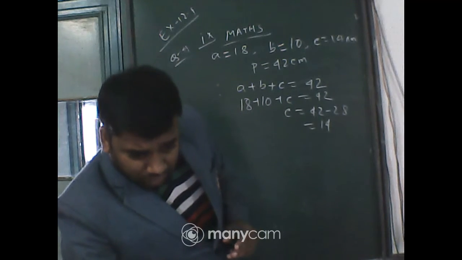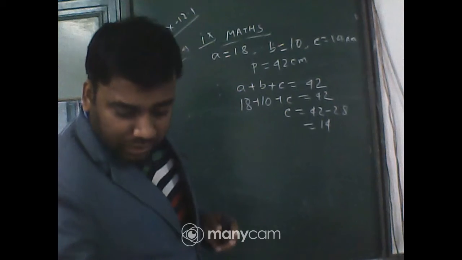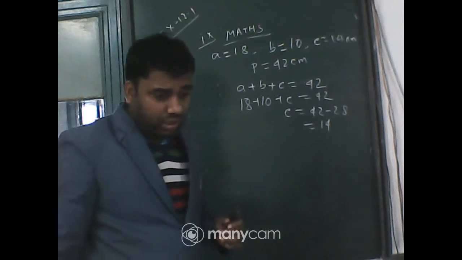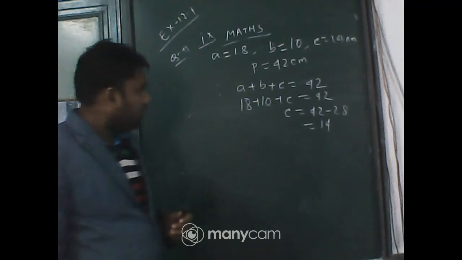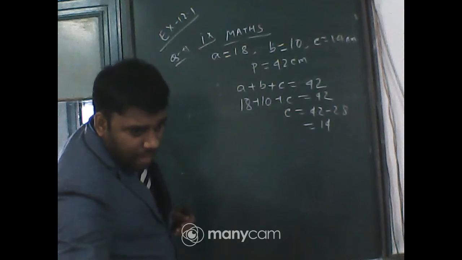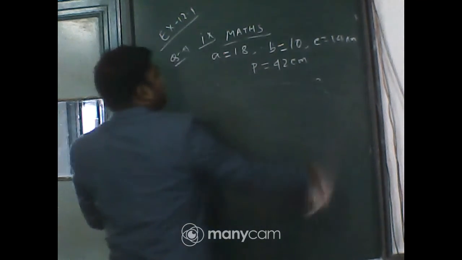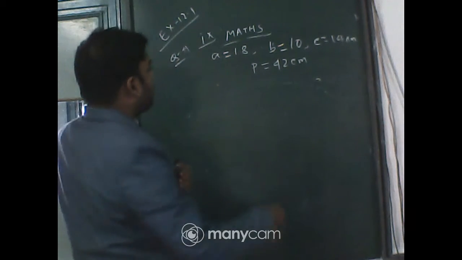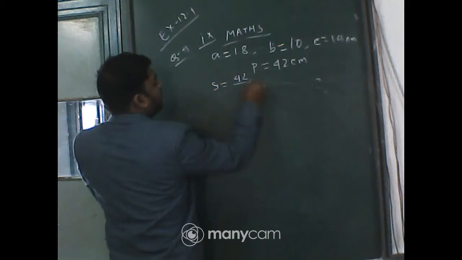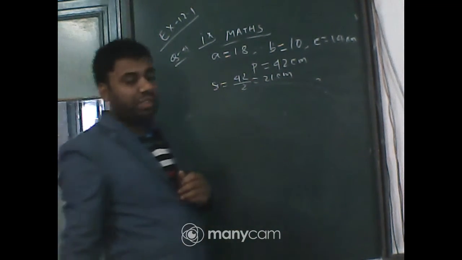It is clear to everyone that third side equals 14 centimeter. Okay, next. As P equal to 42 centimeter, what will be the value of S? It is very easy, 42 by 2, that is 21 centimeter.